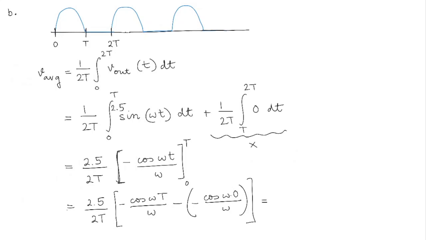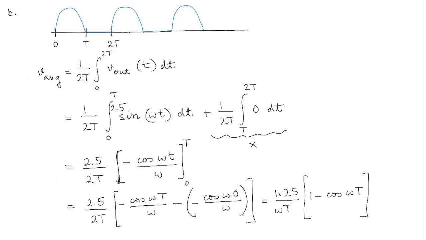And this turns out to be 1.25 divided by t times, well, omega t you can take out, isn't it? Omega t, and then this term becomes cos 0, so that's 1, minus minus cancel out, the plus 1, so 1 minus cos omega t.